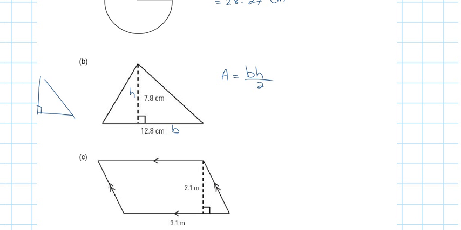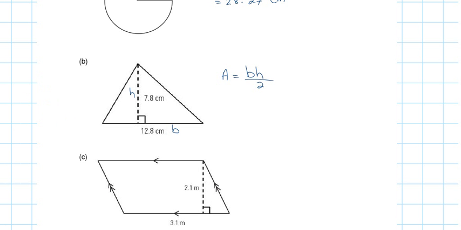The vertical is your height, and this is your base. In a right angle triangle, it's already giving you the height as one of your legs, so don't get confused.